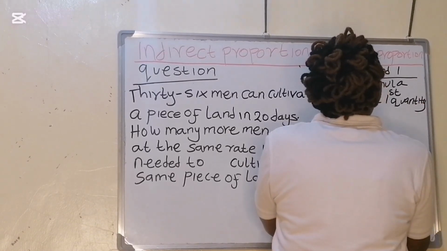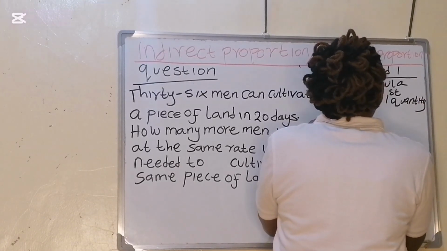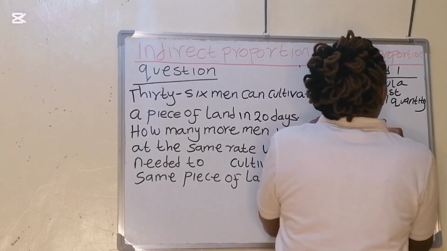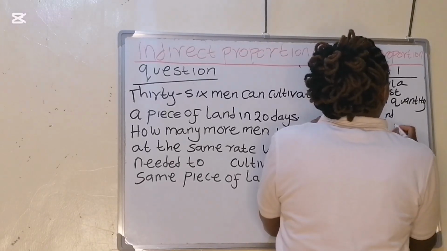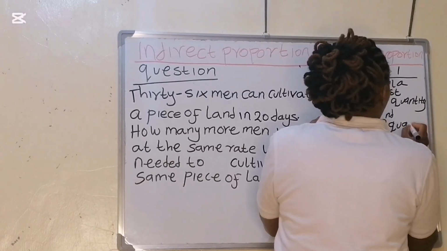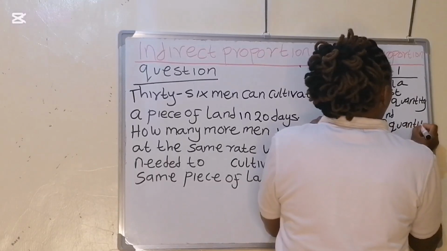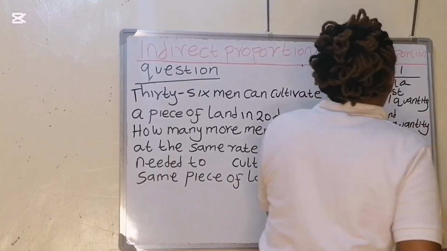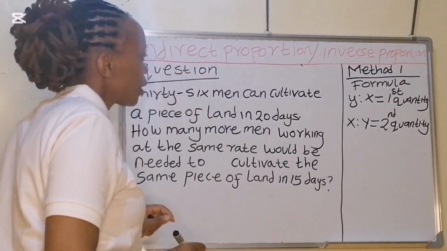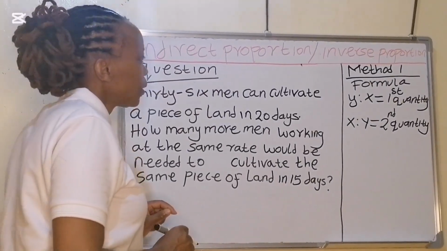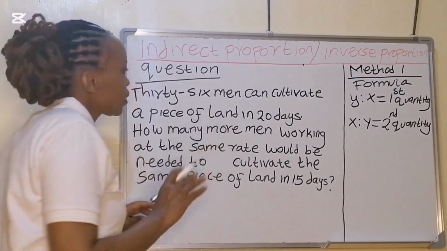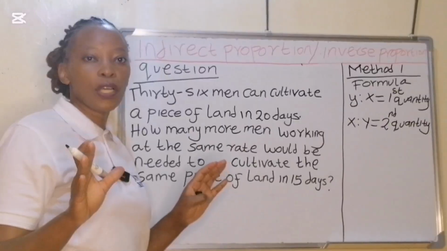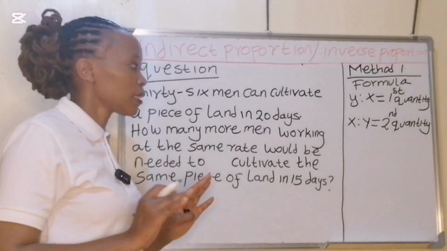So when you have y is to x, the second ratio will be x is to y, which is the second quantity. Okay? So if the first ratio is an increasing ratio, the second ratio is a decreasing ratio.